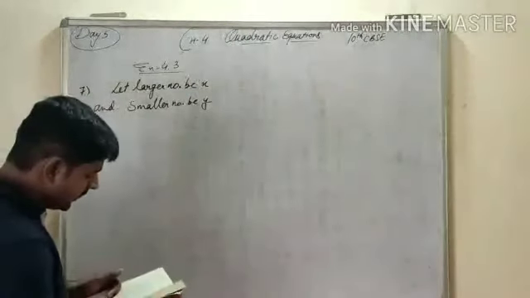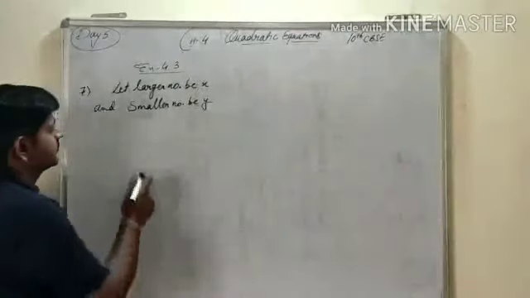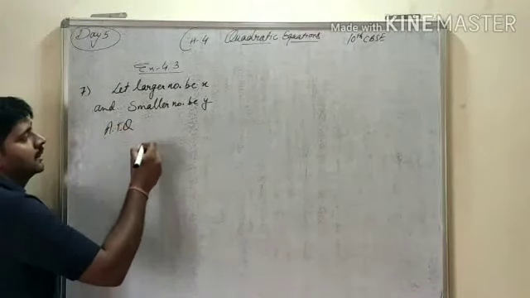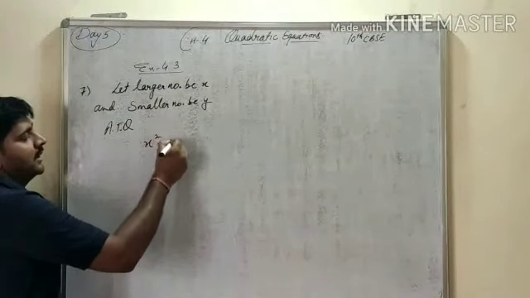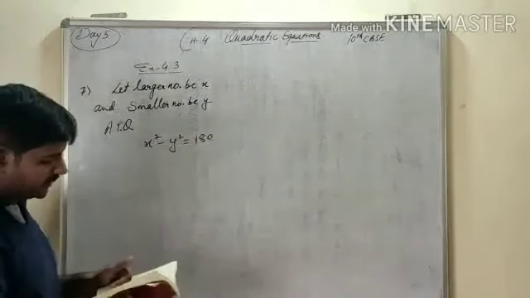So according to the given condition, the difference of squares is given. So according to the question, x square minus y square equals 180, because the difference is given as 180.